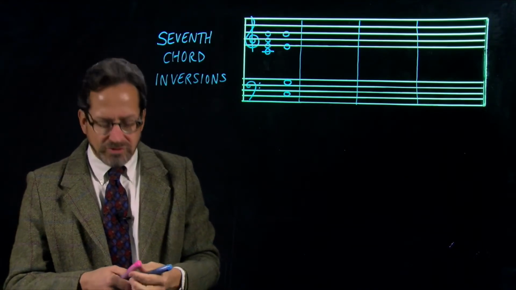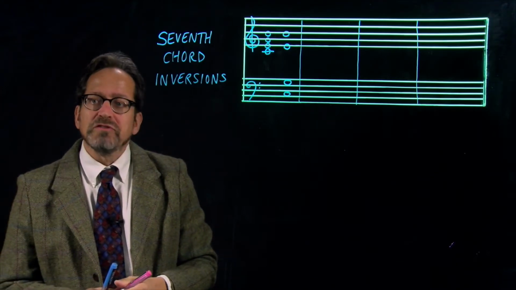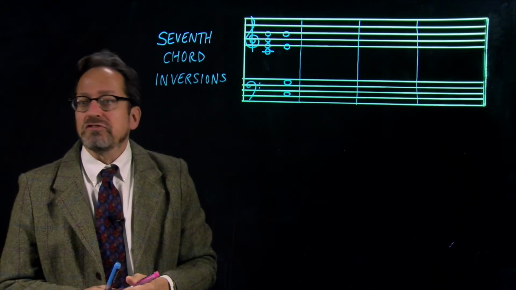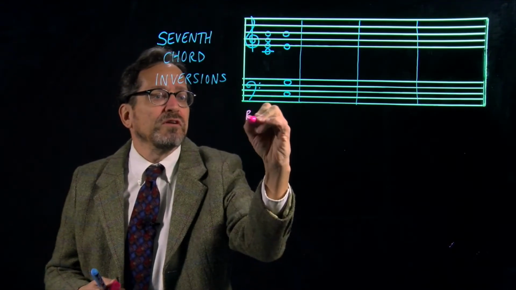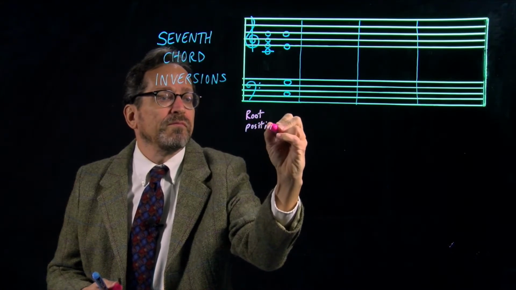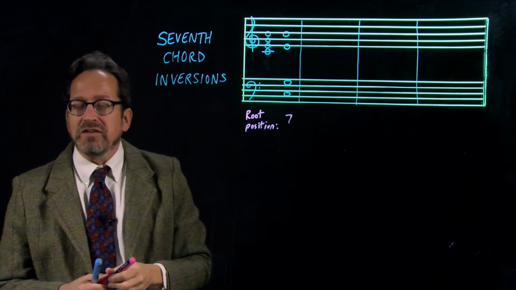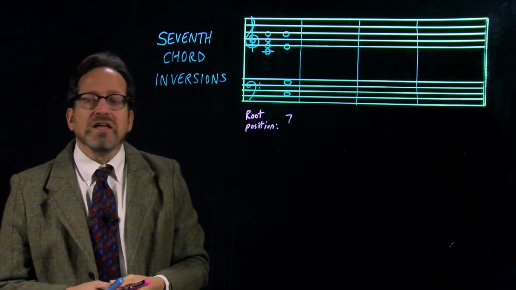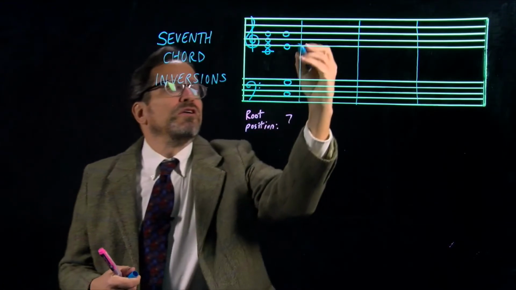This is a root position 7th chord, but to distinguish it from a root position triad, we need to show that there is the 7th. And so a root position 7th chord will have a number 7 to indicate that it is a root position 7th and not merely a triad.